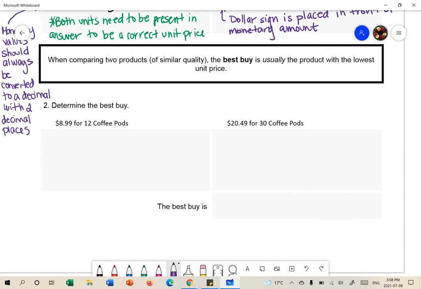The first one is $8.99 for 12 coffee pods, or $20.49 for 30 coffee pods. So in order for us to determine what the better buy is, we need to find the unit price for each of them. How much does it cost per coffee pod? Because it's hard for us to determine which is the better buy here when each of these offers don't offer the same amount of coffee pods.